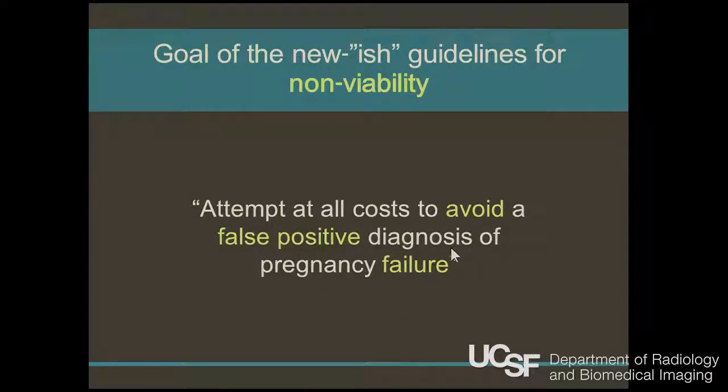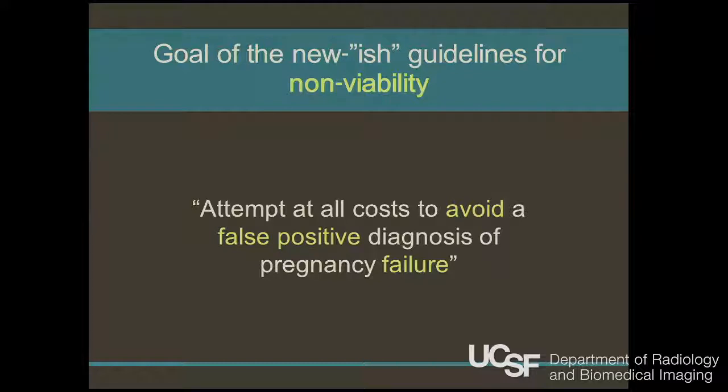I'm not sure if other people covered some of these new-ish guidelines. They came out about 2 years ago for early pregnancy failure and ectopic pregnancy, but they are so important that I'm just going to cover them even if someone else did. Unfortunately, they were written, in my mind, horribly. They said that the goal of the guidelines for non-viability was to attempt at all costs to avoid a false positive diagnosis of pregnancy failure.